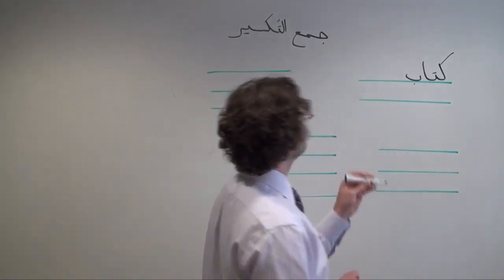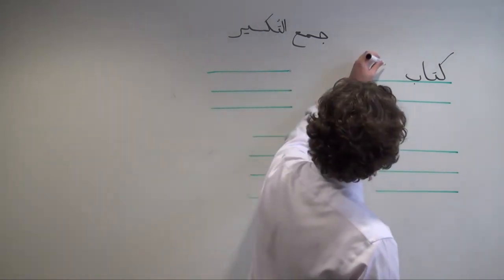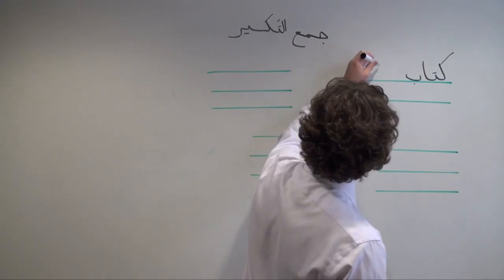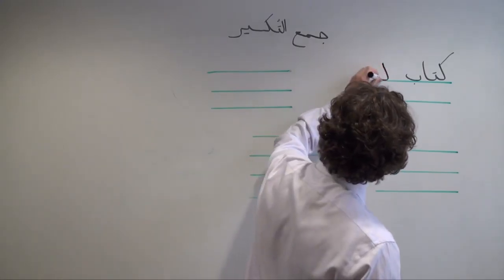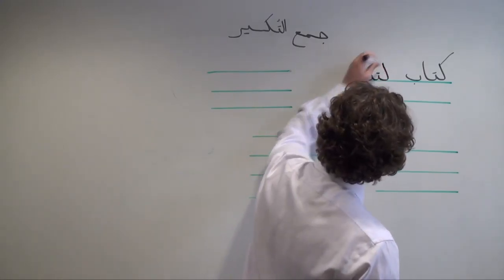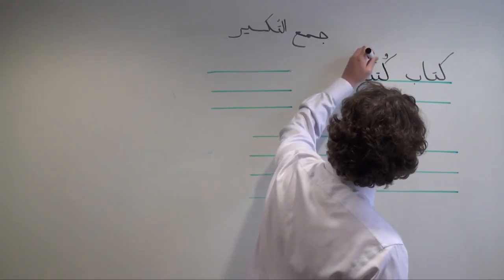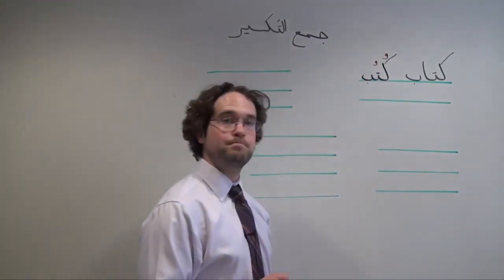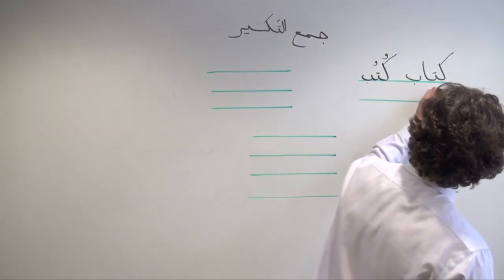Kitab. If we're talking about more than one kitab, a group of three or more, we would refer to them as kutub. Medina.